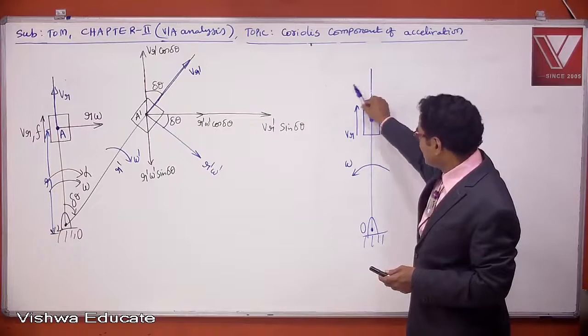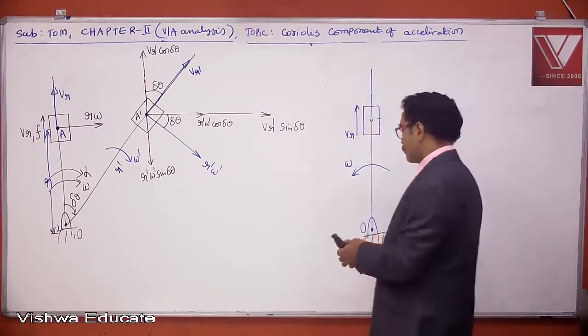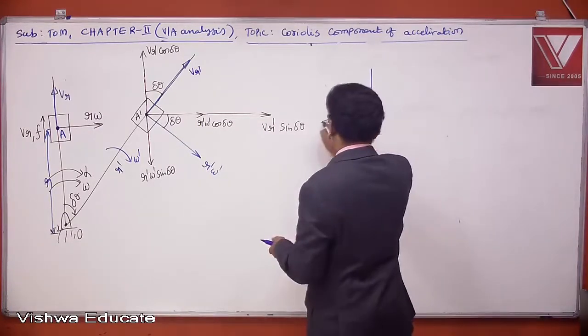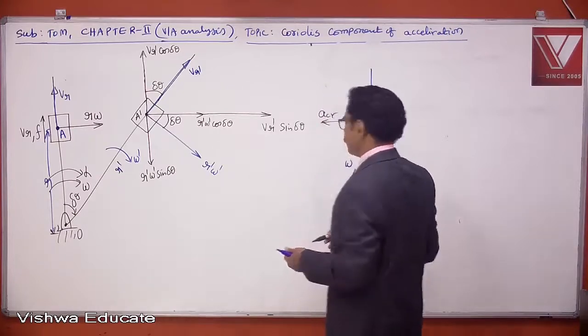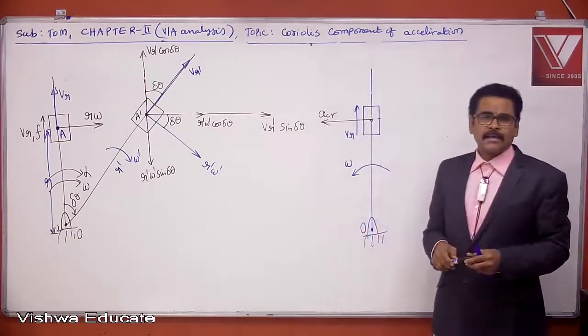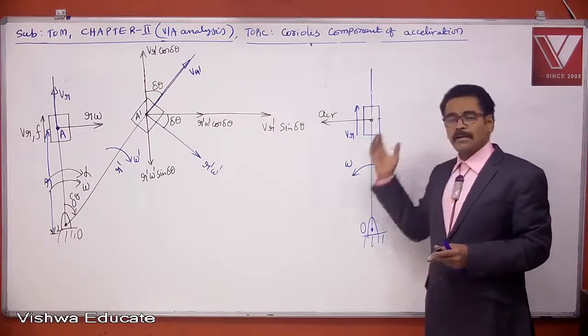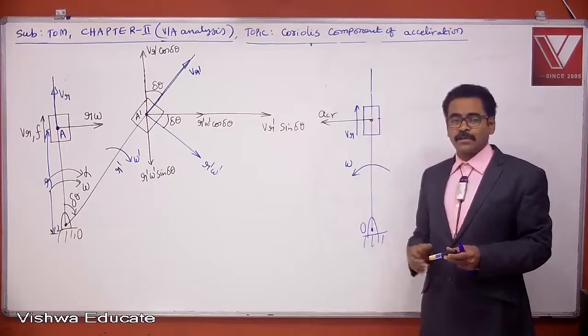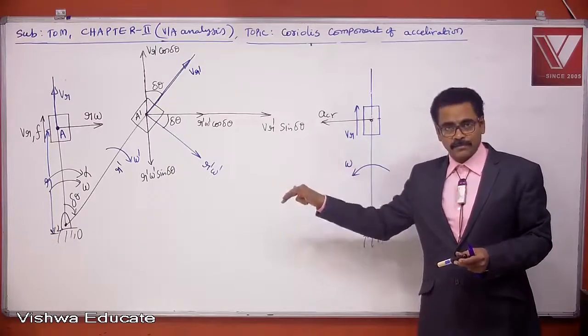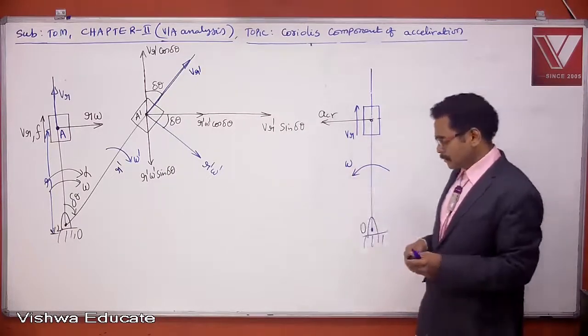Rotate this pen by 90 degrees in anti-clockwise direction. This direction gives you the direction of Coriolis component of acceleration. So the Coriolis component of acceleration does not always act towards the right. Sometimes rightward, sometimes leftward. So please copy this also.